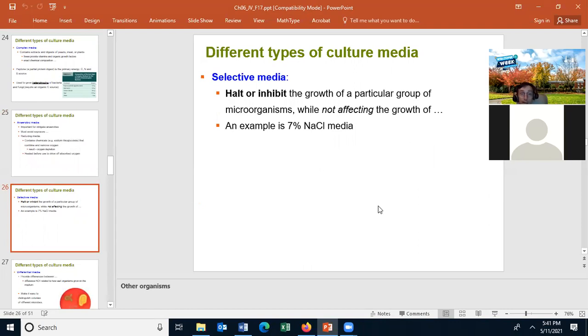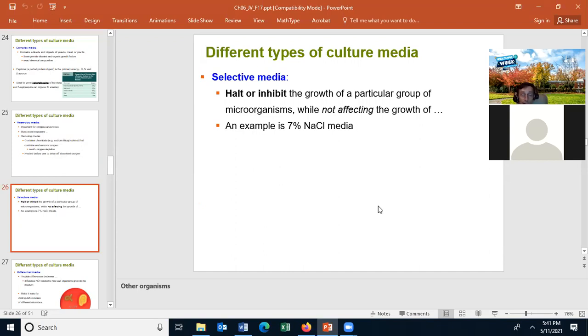There's also selective media. This is a media that halts or inhibits the growth of a particular group of microorganisms, but does not affect the growth of another group of microorganisms. An example of a selective media is 7% sodium chloride media. Most microbes will not grow in 7% sodium chloride.